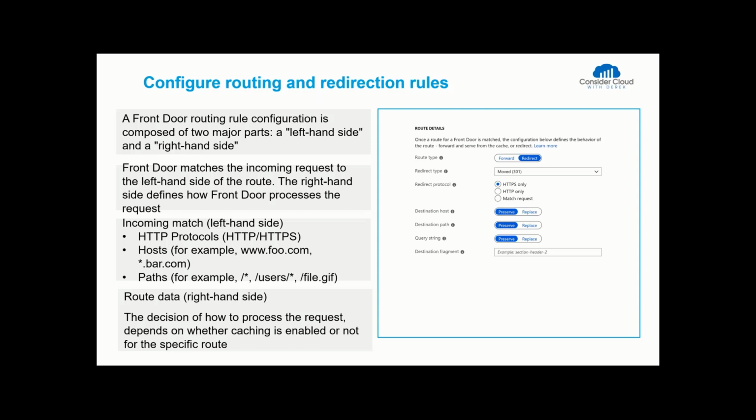Now, once this has been examined, Front Door then starts speeding up the processing of those requests. As more requests come in, it's going to cache a lot of that left-hand side of the information to start looking at commonalities for specific routes.